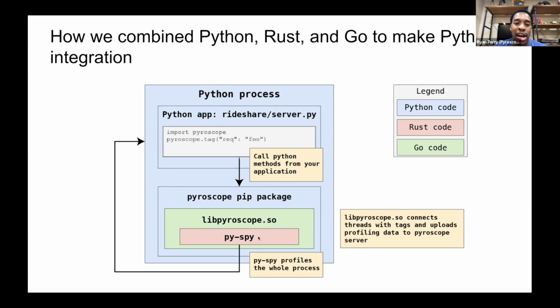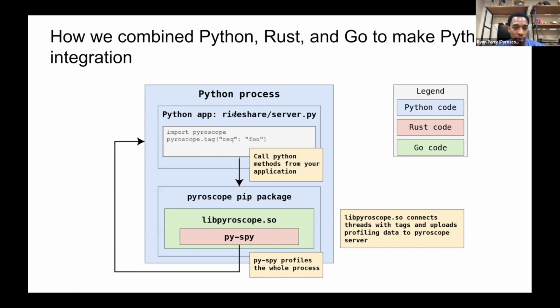And then Pyroscope itself, the main server-side code, is written in Go. And obviously we do support Python applications. So we had to find a way to combine Python code, Rust code, and Go code all together.